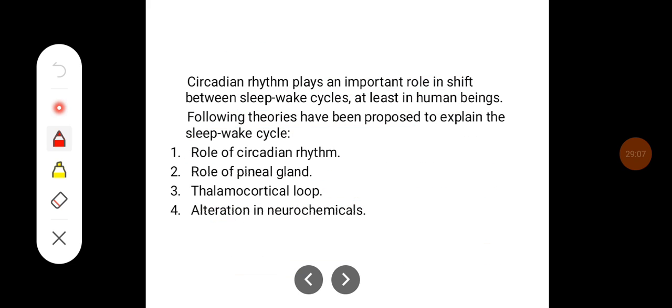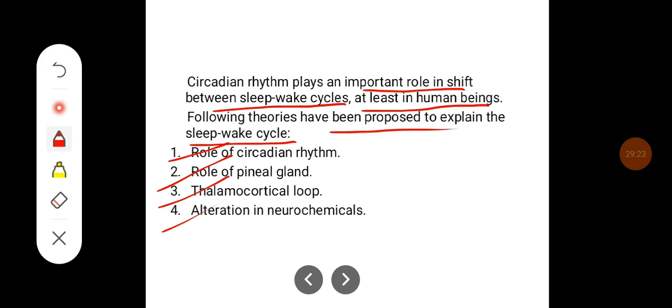The circadian rhythm plays an important role in the shift between sleep and wakefulness, at least in human beings. Following theories have been proposed to explain the sleep-wake cycle: the role of circadian rhythm, role of pineal gland, thalamocortical loop, and alteration in neurochemicals.